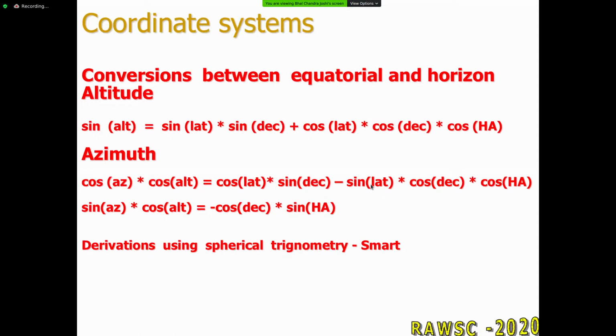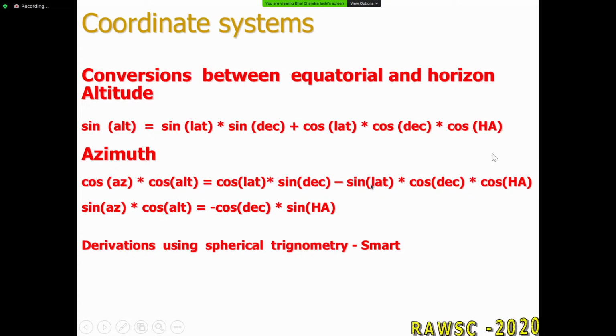We will come to what hour angle is. For the time being, assume that hour angle is a proxy for right ascension. You see that these things are multiplied by latitude, and in the hour angle there is a time dependence.